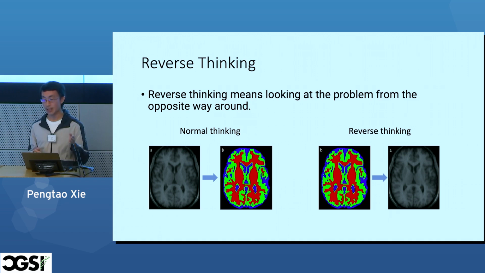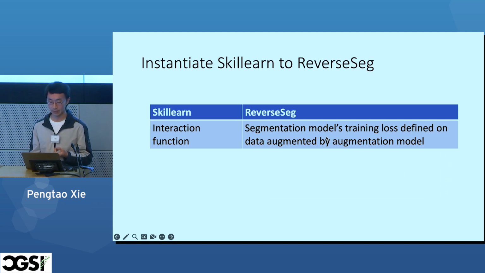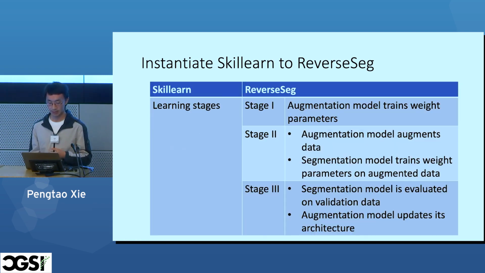That's how it is leveraged to do this reverse augmentation. So we can basically take our general Skillearn framework and instantiate it to this reverse segmentation framework that I just described, by mapping the elements in this framework to these specific objects in the segmentation work I just discussed.